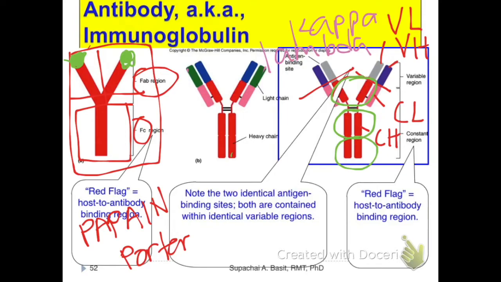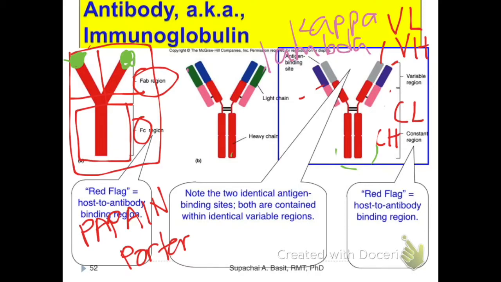The constant heavy chain is so important because it is the one that dictates or determines the classes of immunoglobulins. So did you see the region here? Okay.